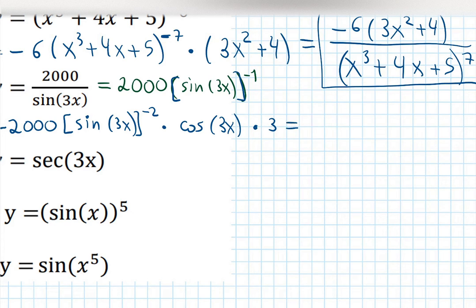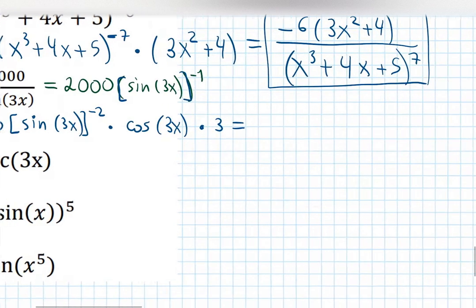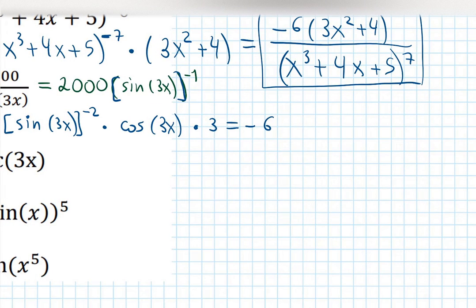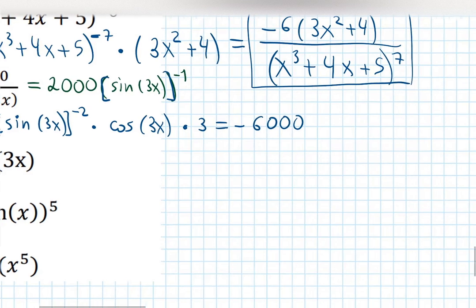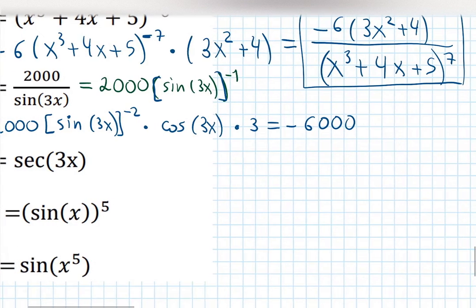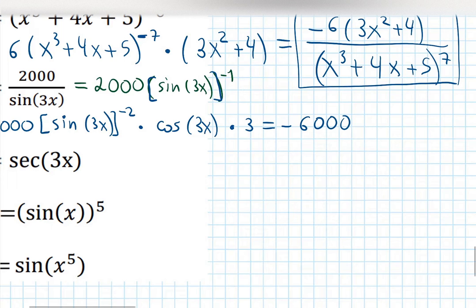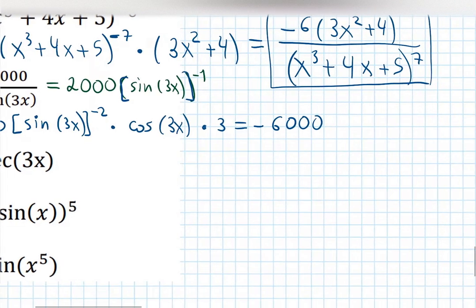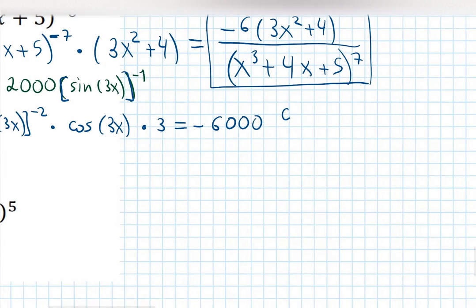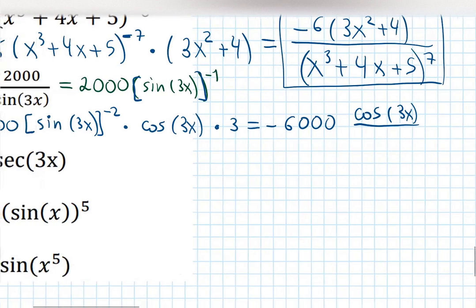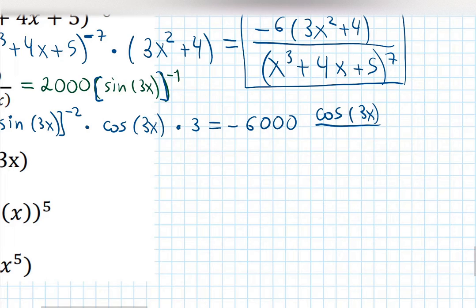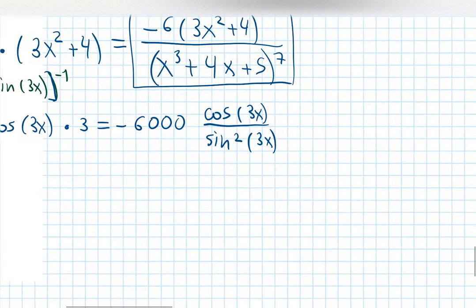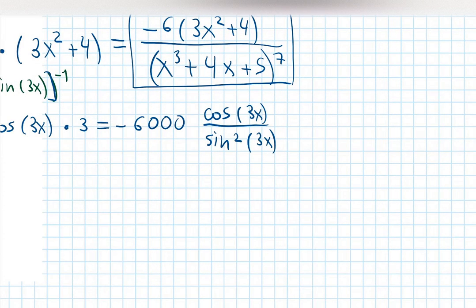To simplify everything, I will have 3 times negative 2000 becomes negative 6000, and then cosine 3x all over sine squared of 3x in the denominator, since sine has a negative exponent. You can leave it this way.